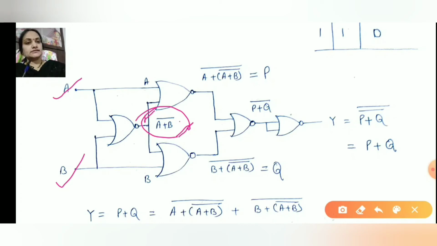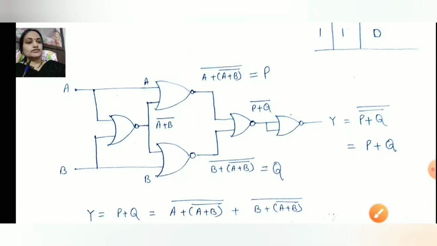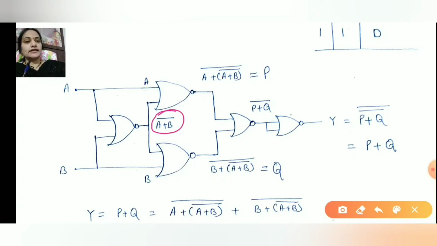Again, this output acts as one of the inputs for gate 2, also for gate 3. Okay, you observe carefully. So here the A plus B whole complement is the input for this gate and this gate.